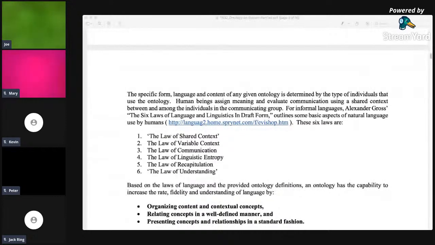And then you have the law of variable context, which says if people have a high enough density of shared context, almost any symbols can be used for communication, even nonsense symbols.